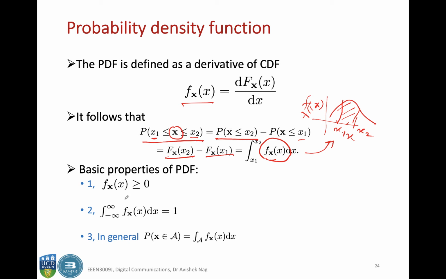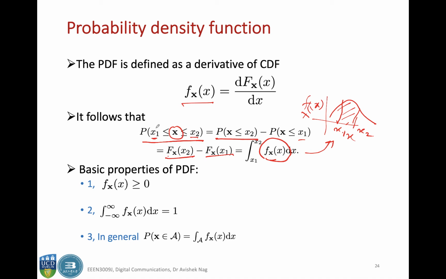And some basic properties of PDF state that f of x is always greater than or equal to 0, and if you integrate from minus infinity to plus infinity, this is 1. So basically this is the entire area under the curve, which means this is the entire sample space. Your random variable x will always be between minus infinity and infinity.